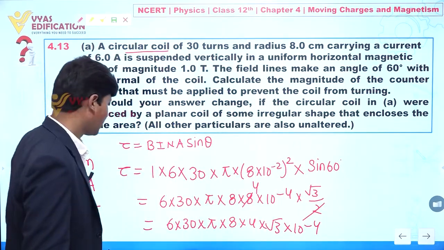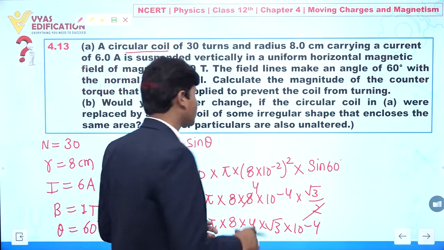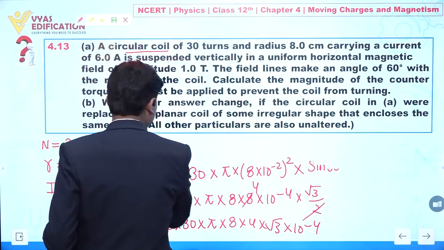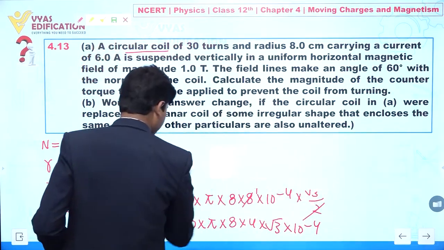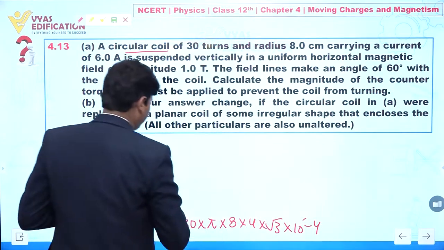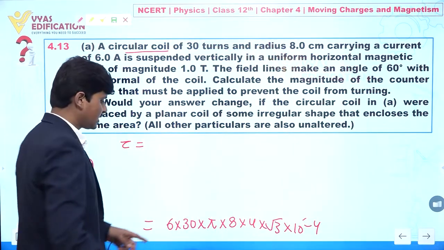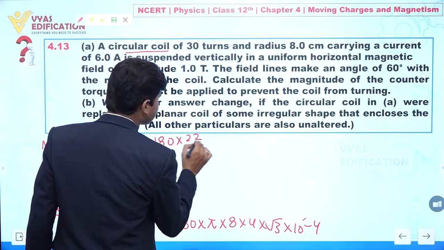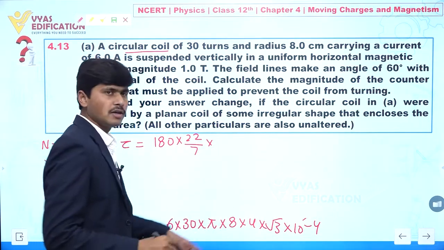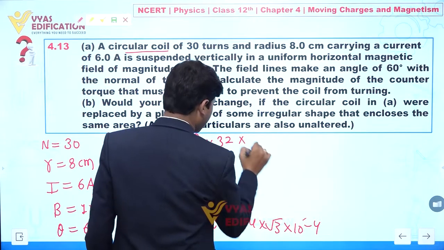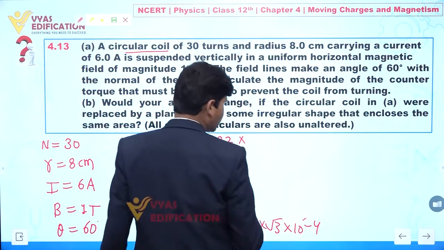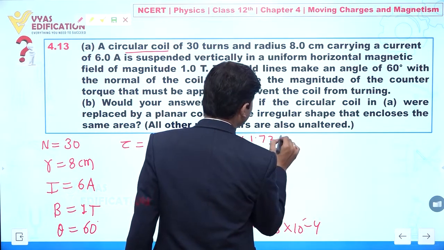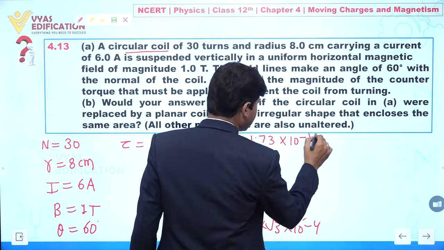Now listen carefully. Now we just have to solve and we will get the value of torque. So the torque is 180 multiplied by 22 by 7, here we have 32, and here root 3, so 1.73, into 10 to the power minus 4.